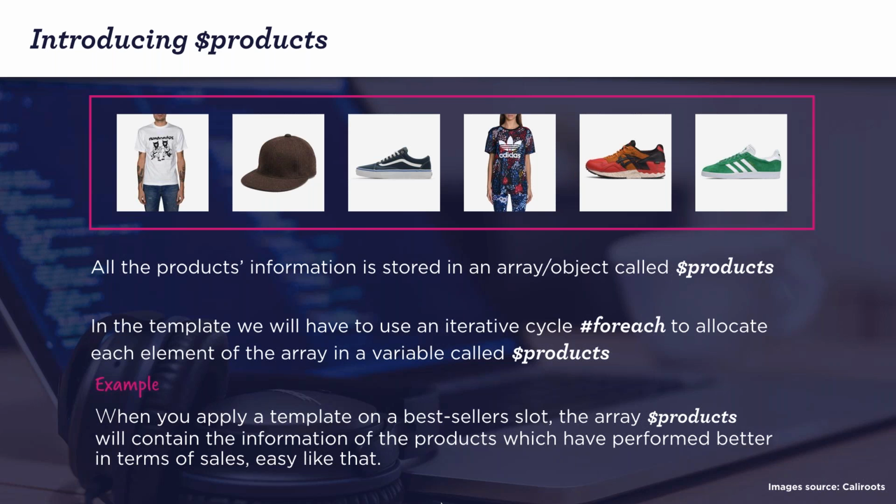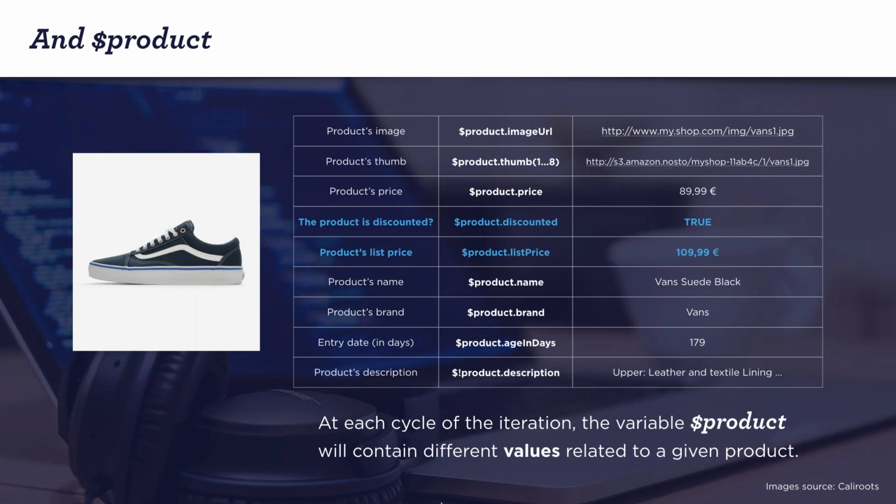Now that we talk about the variable products, as we say, products is the macro array which contains the information, and within the template we have to interface that with an object which is called product. At every cycle of the iteration, within the template, the variable object product will contain the different values related to a given product.